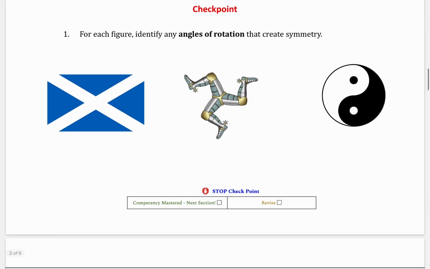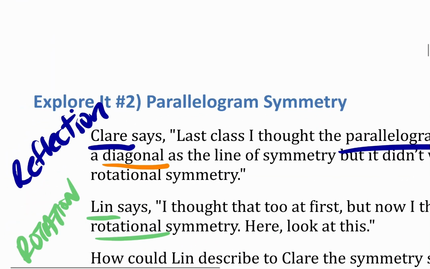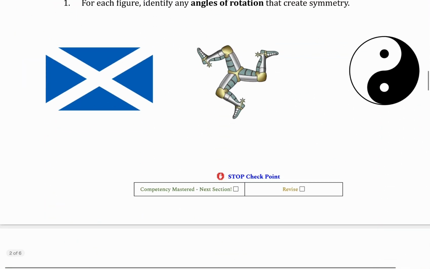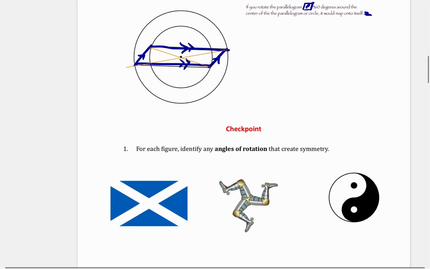Checkpoint. These are the same images as the last lesson, but that was reflection. Here we're talking about line of symmetry. Here we're talking about angle of rotation. So let's break it down.